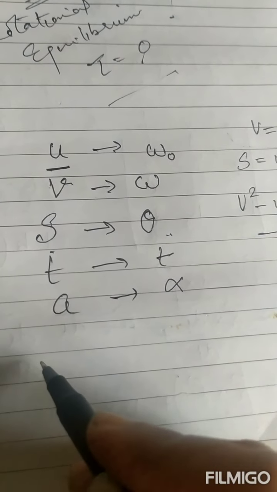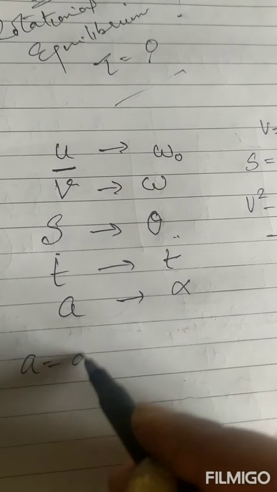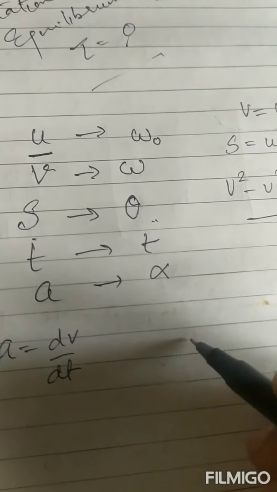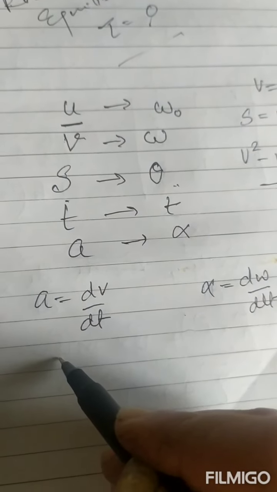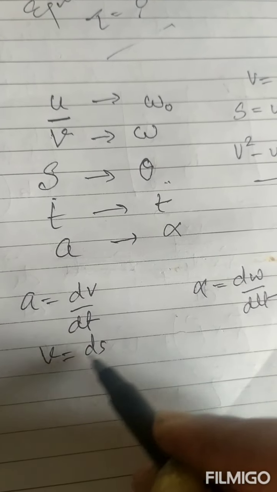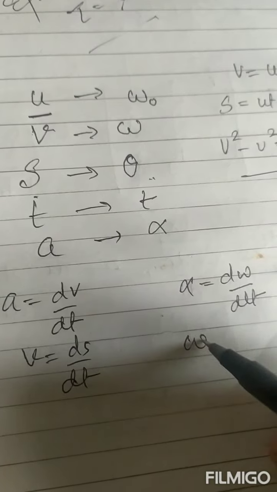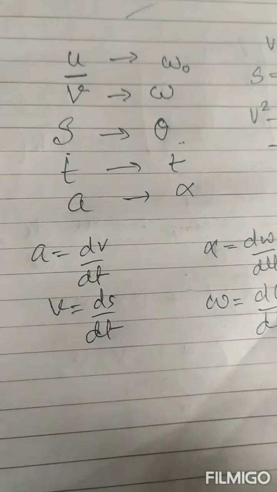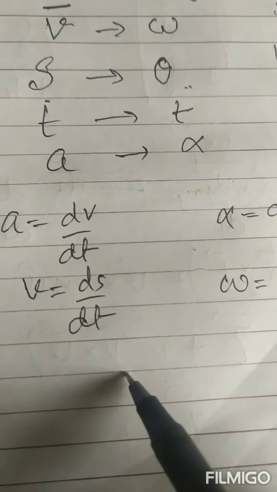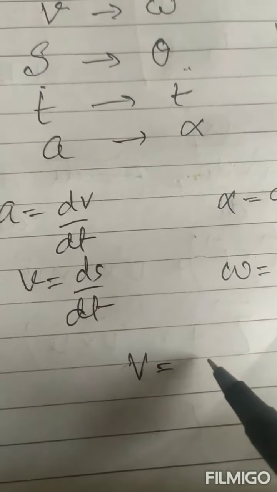Like we have derived these equations, the relation is that acceleration is dv over dt, so here angular acceleration is d omega over dt. If velocity is ds over dt, then here angular velocity is d theta over dt.